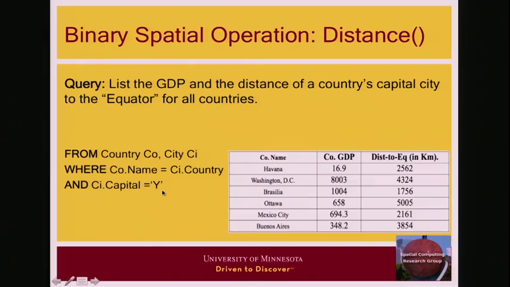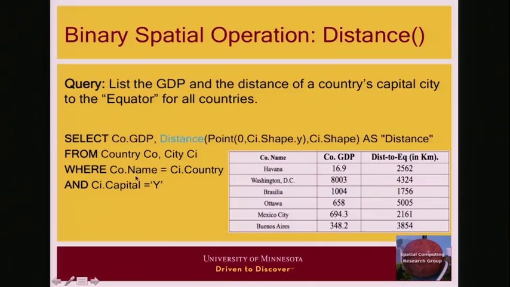You can add the constraint that this city is a capital. So now for every country we have the capital, and then finally in the select clause we can put the GDP as well as this distance. This distance takes the city's location xy coordinate, and here it creates a new point. This is a constructor where the latitude is 0 and the longitude is the same as the longitude of the city.